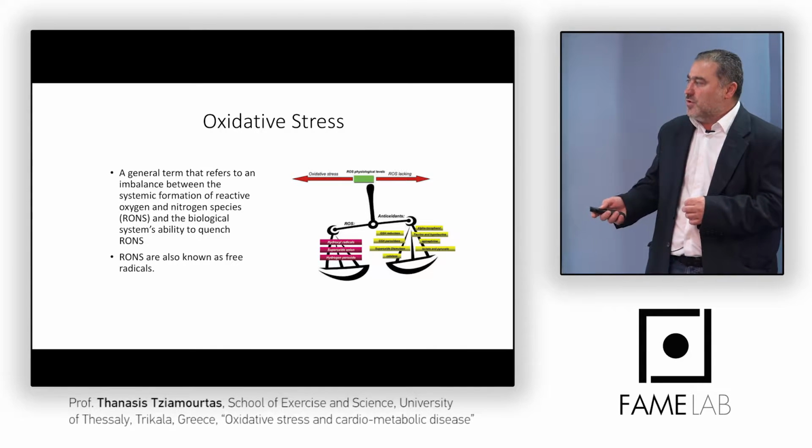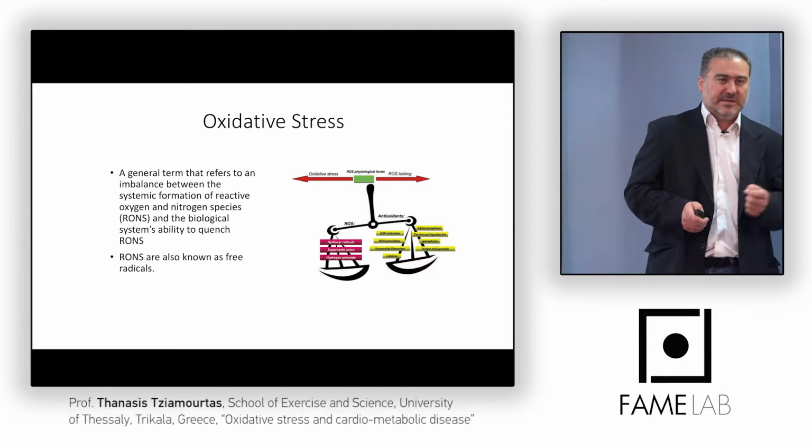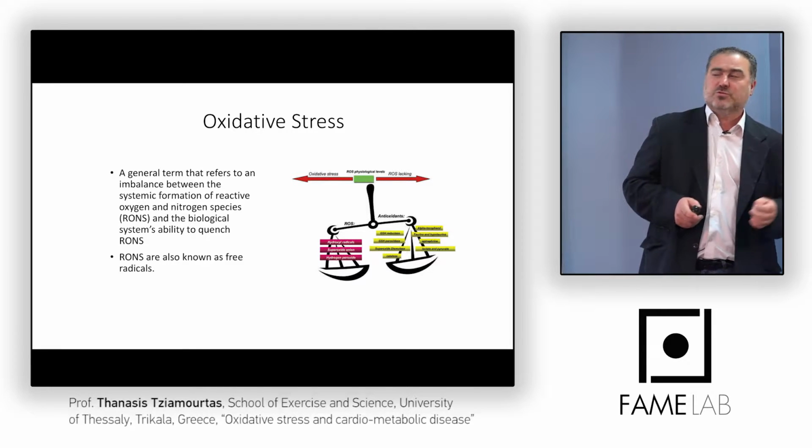Those RONS are also known as free radicals, and from now on I'm going to refer to them as free radicals because it's a generic term and most of us are familiar with it.